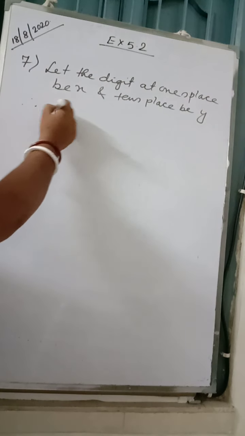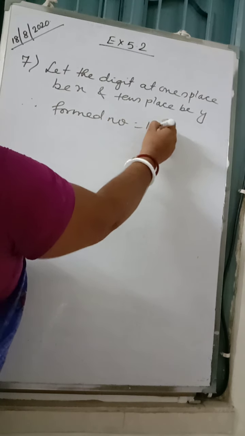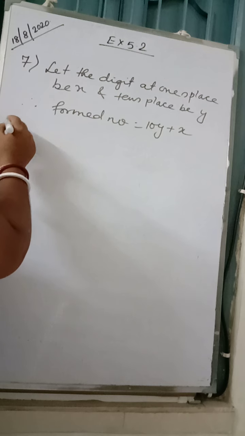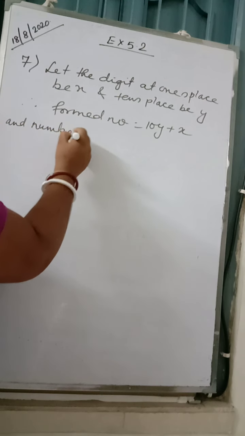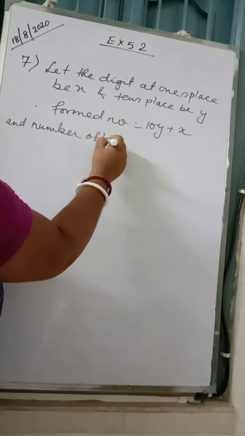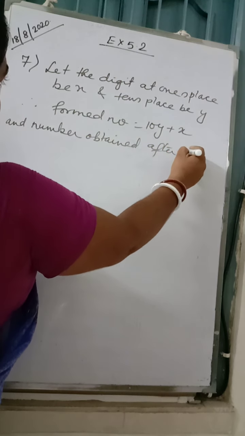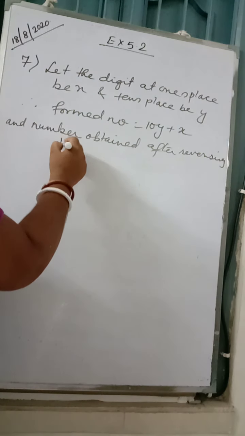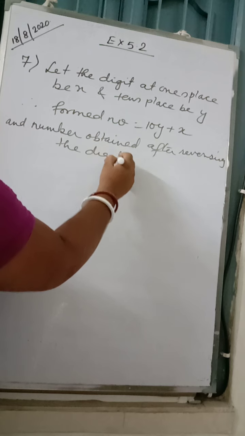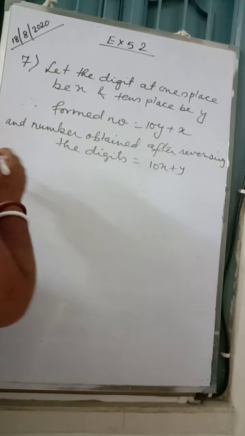So the number formed would be 10y plus x, as already explained in the live class, and the number obtained after reversing the digits would be 10x plus y.